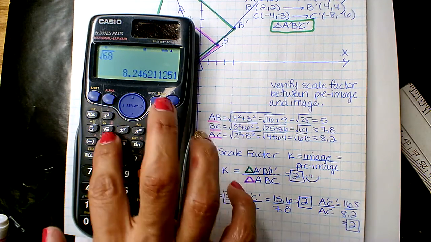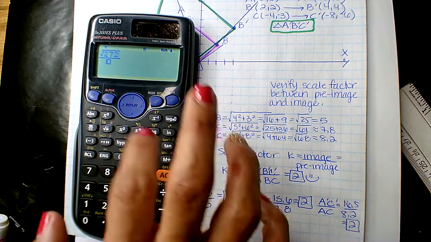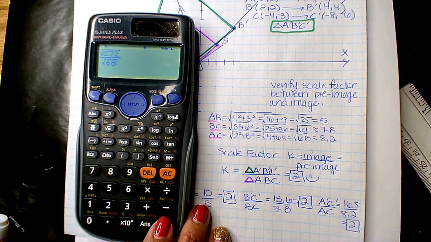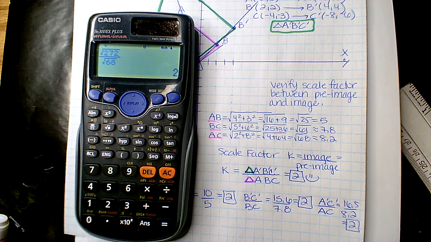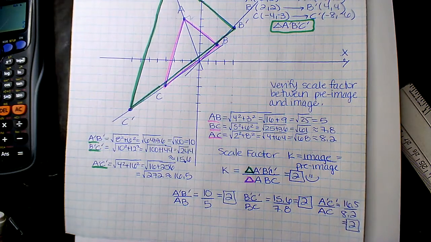So if I was to take radical 272 over radical 68, if you didn't change it to decimals, there's my 2. Okay, so it works. If you ever think your sig figs are off, just put it in with the radical and you'll see. And so there's our verification.